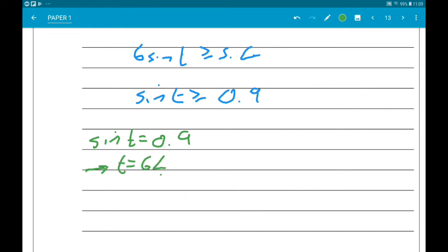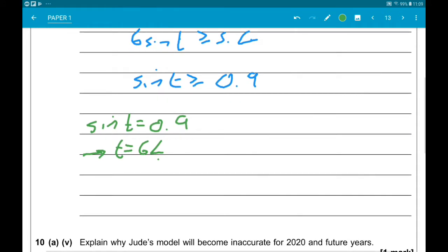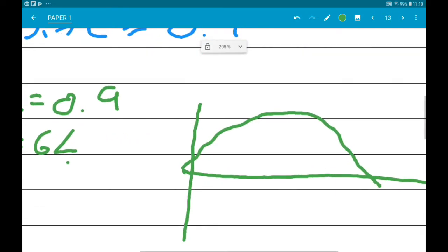Now, if we draw a graph of this, we're only really interested in that bit. So 0.9. So our 64 is here. Now what we need is that guy over there.